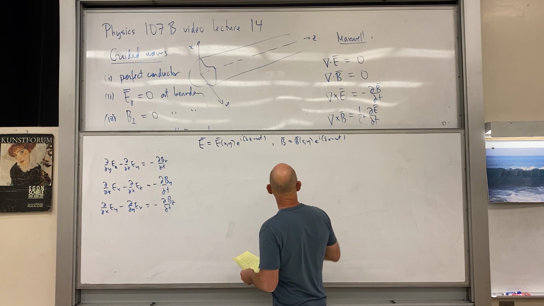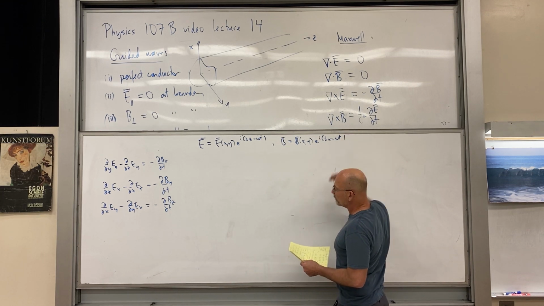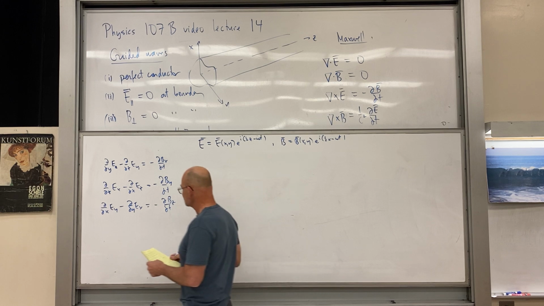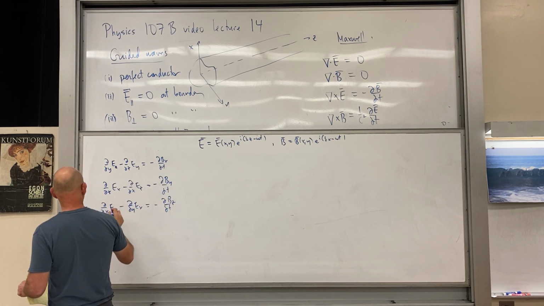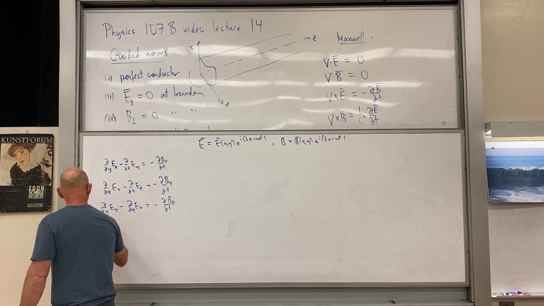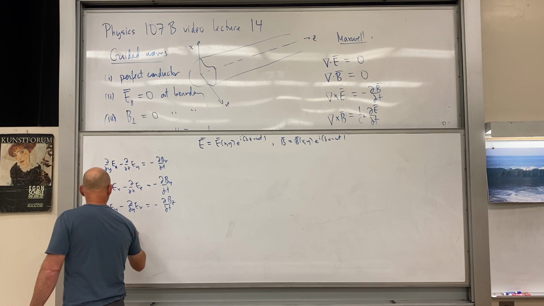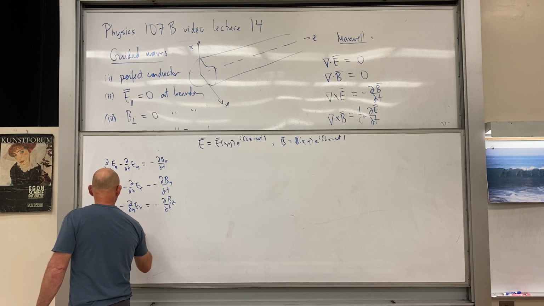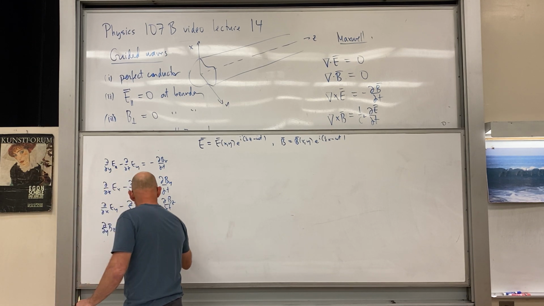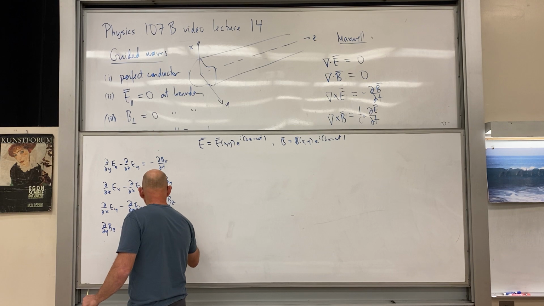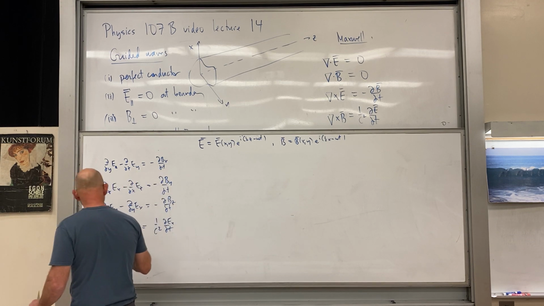So we need the other three of these for the curl of B. And that'll be the same thing. We'll have 1 over c squared dE x/dt, and the same for y and z.